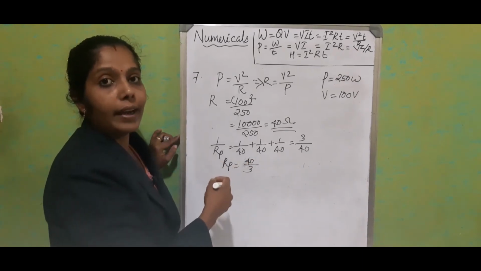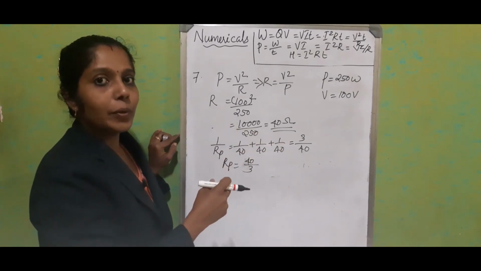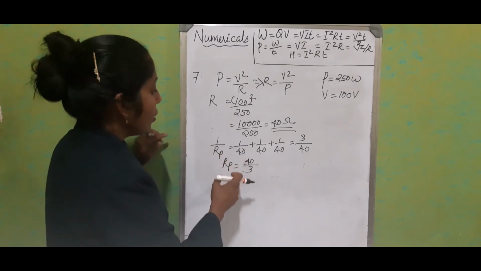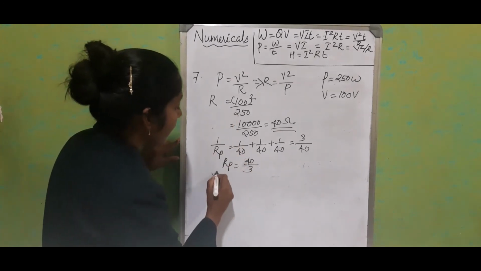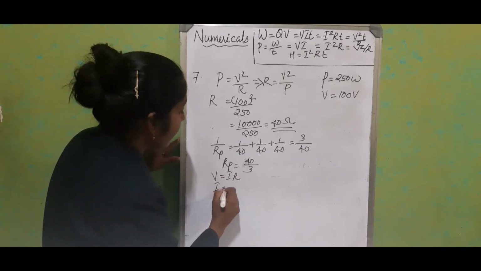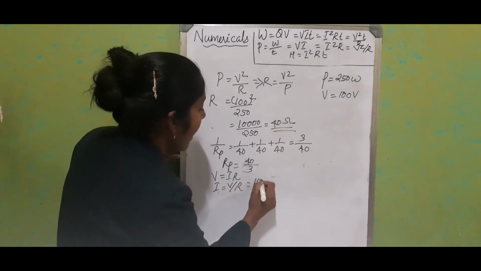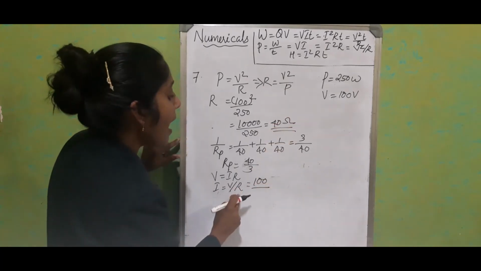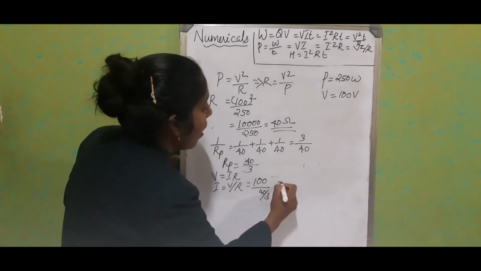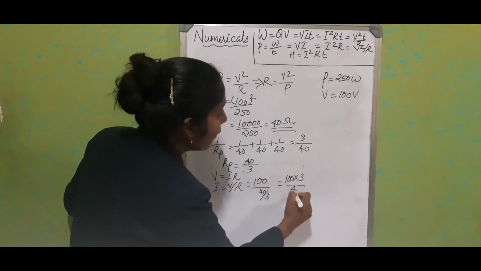Right now I'm not finding out the effective resistance, because we need to substitute now. So we will use the equation V is equal to I into R, so I is equal to V by R. What is V? 100 divided by R. So 100 divided by 40 by 3 will come, or else we can write it as 100 into 3 divided by 40.